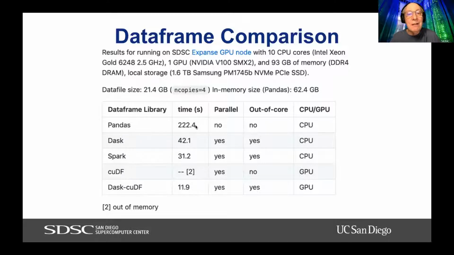Pandas took 222 seconds, Dask was about 5 times as fast, Spark 7 times as fast, CUDA-DF ran out of memory, couldn't do it, but Dask CUDA-DF is able to do that in 11 seconds to basically read in 62 GB of data. So that's pretty good.